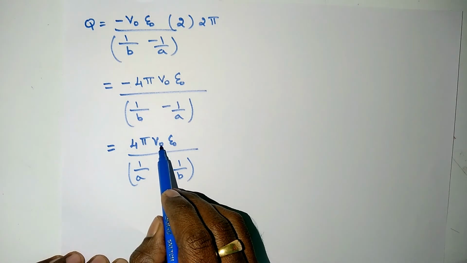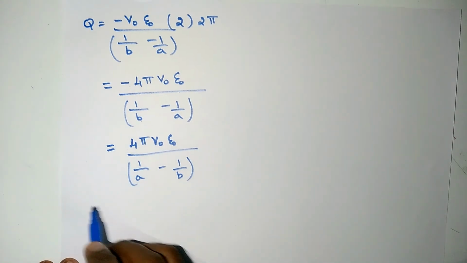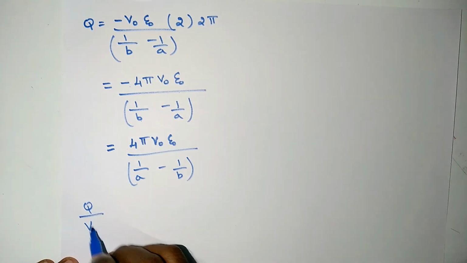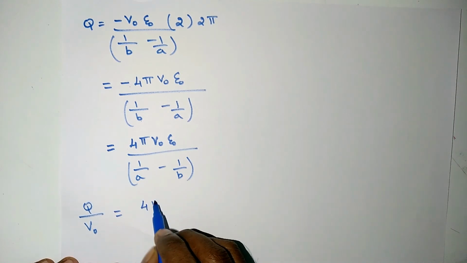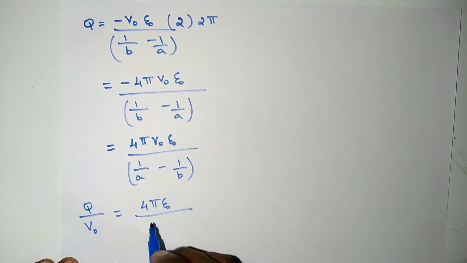Now we are bringing this voltage term to the left hand side. So the left hand side becomes Q by V naught. We already have Q on the left hand side. So Q by V naught is equal to 4 pi epsilon naught divided by 1 by A minus 1 by B.